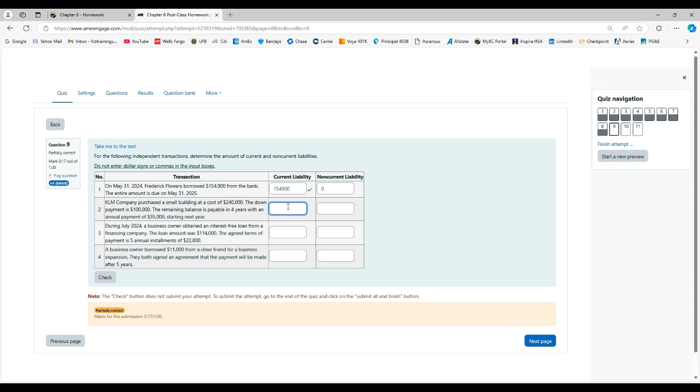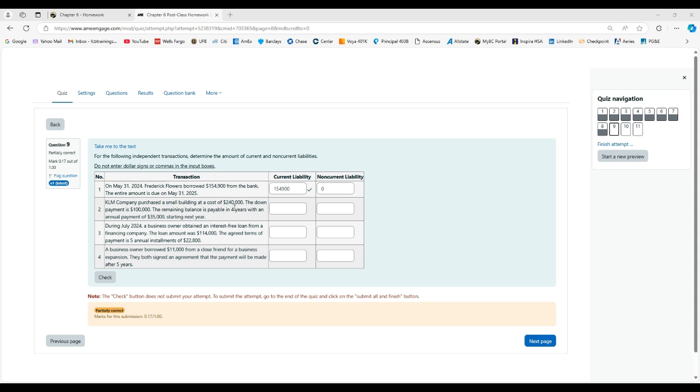Okay. So KLM company purchased a small building. The down payment is $100,000. Remaining balance payable in 4 years. Annual payment $35,000. When it comes to the liability, we started with $240,000. We paid $100,000 of cash, so our total debt after the down payment is $140,000.